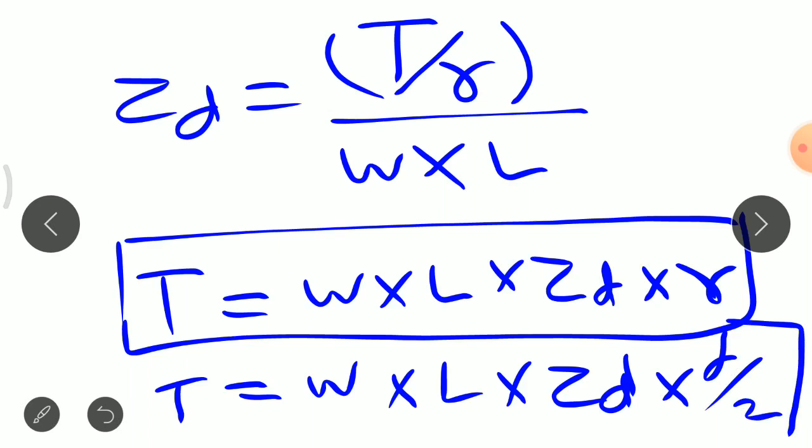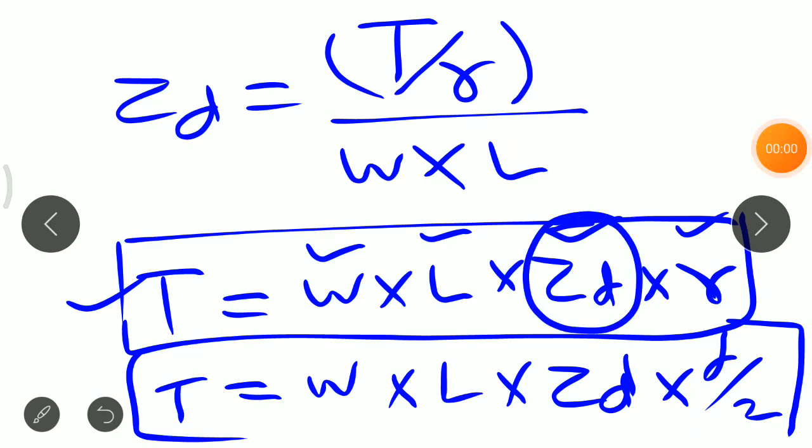Both the formulae are correct. Here T is torque, W width, L length, tau D is direct shear stress, and R is radius. By putting all the quantities, we can calculate length and width of key section.